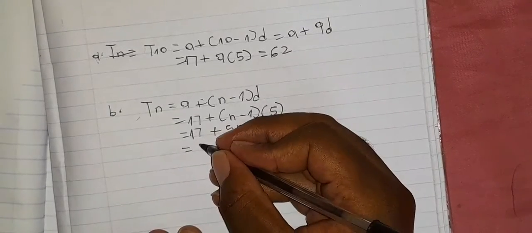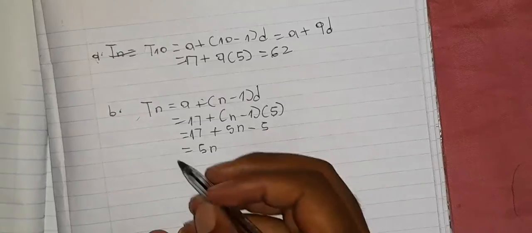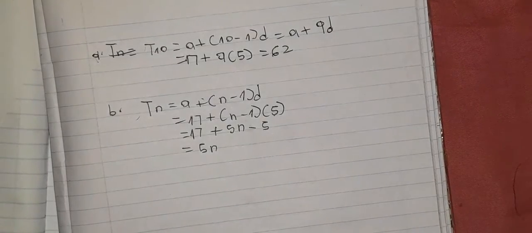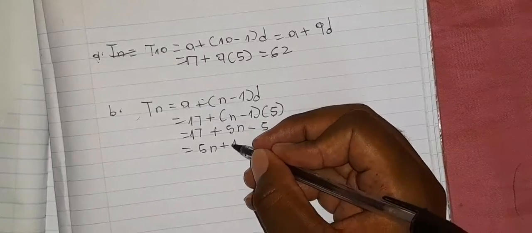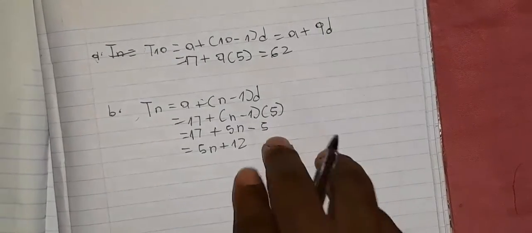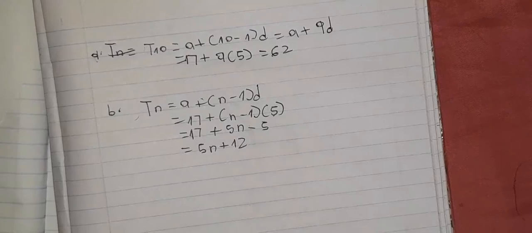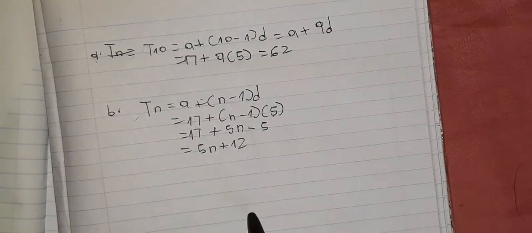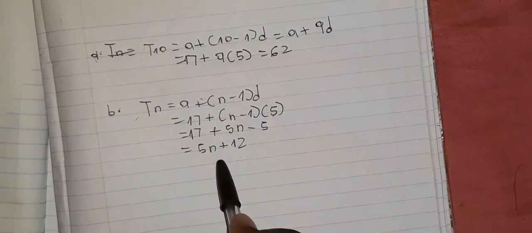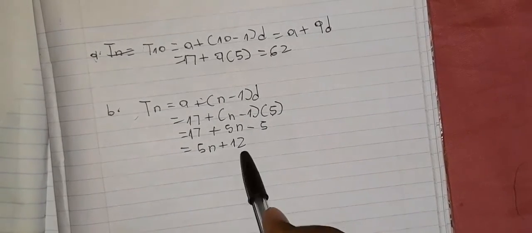So Tn is equals to 5n, and 17 minus 5 is 12, so plus 12. This is our general term for any position. If we want the 20th position, we can put 20 here and we'll get the value at that position.